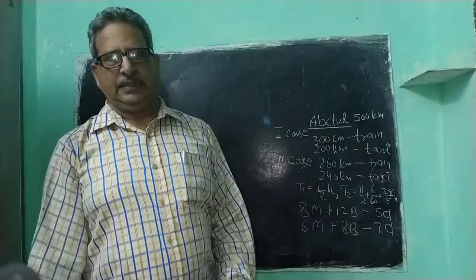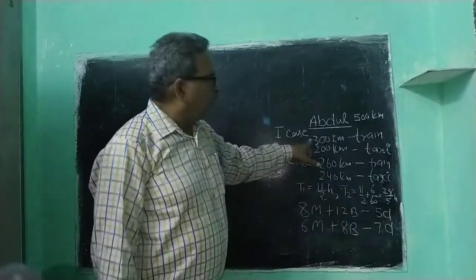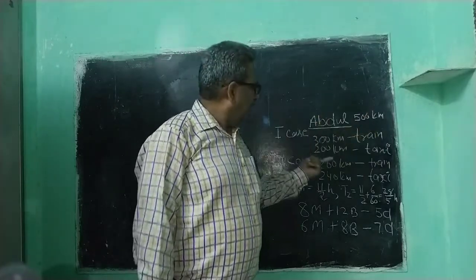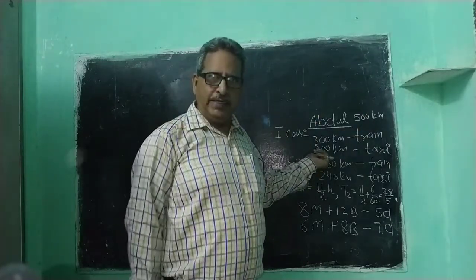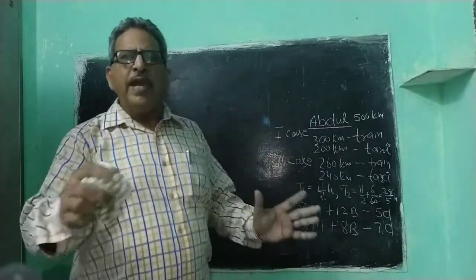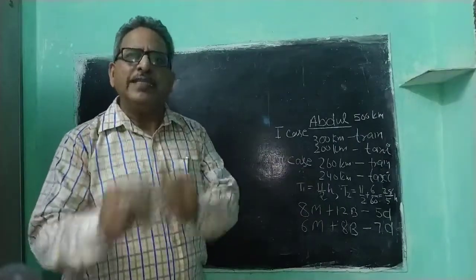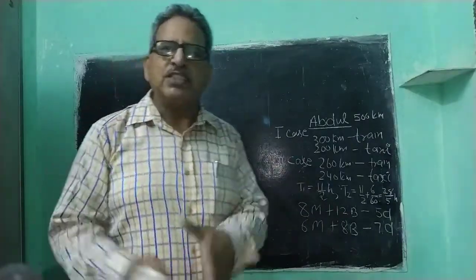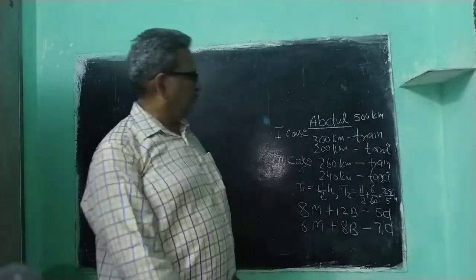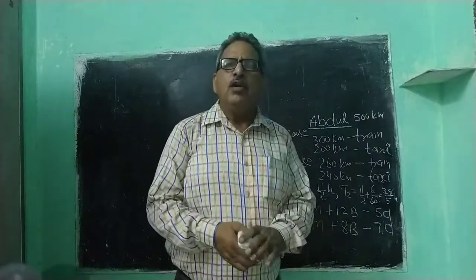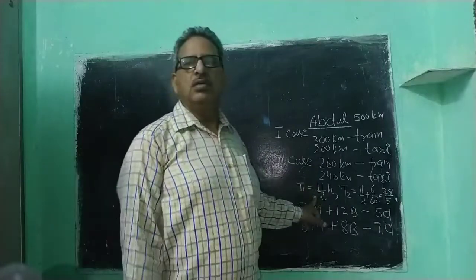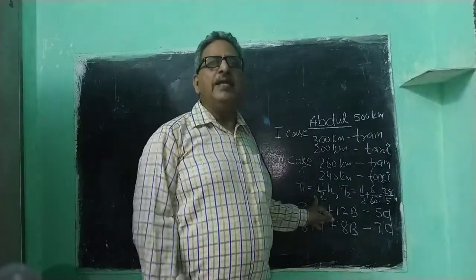In the first case, 300 kilometer is covered by train and the remaining 200 kilometer is covered by taxi. While covering this 500 kilometer in this way, he took 11 by 2, that is 5 hours and 30 minutes.